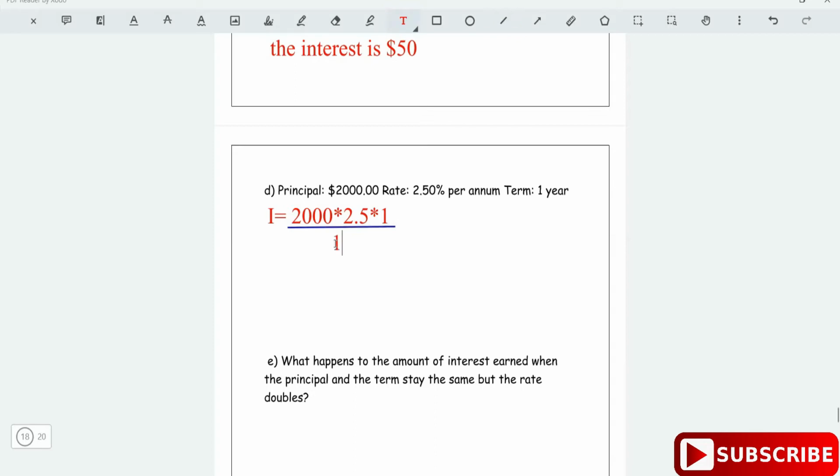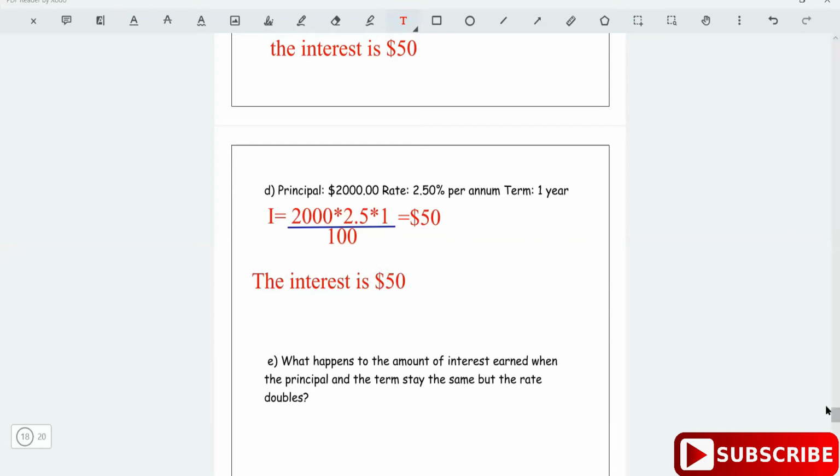You put that in your calculator, and this is equal to $50 again. So in this case, the interest is $50. Easy.